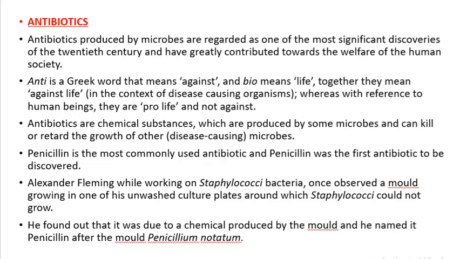Now, penicillin is the most important example of an antibiotic, and it was the first antibiotic discovered by Alexander Fleming. When he was working on a bacterium named Staphylococci, he observed that a mold was growing in one of his culture plates which was not washed. Around that mold, the Staphylococci was unable to grow.